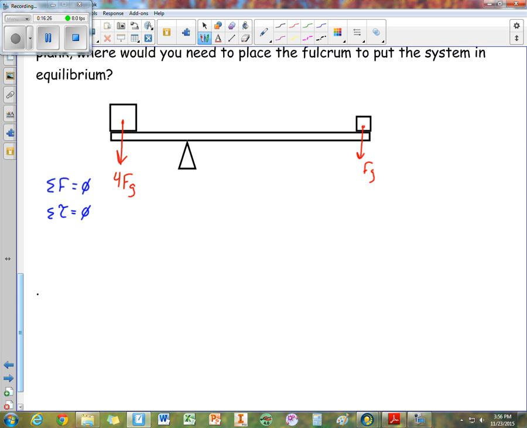The fulcrum is going to exert an upward force. Also, this 4Fg mass is trying to do a positive torque, while this mass is trying to do a negative torque.